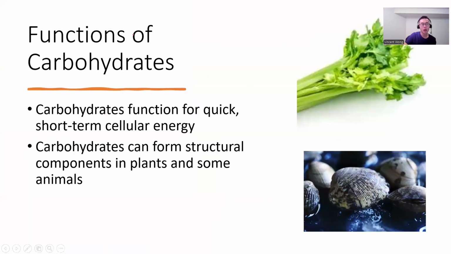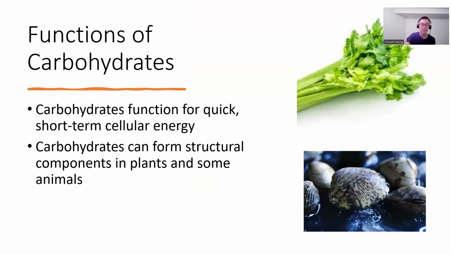What do we need carbohydrates for? Well, it is actually the main source of energy for many organisms, including us. When we burn carbohydrates, particularly glucose, we are able to get quick short-term cellular energy. In some organisms, carbohydrates can form important structures.